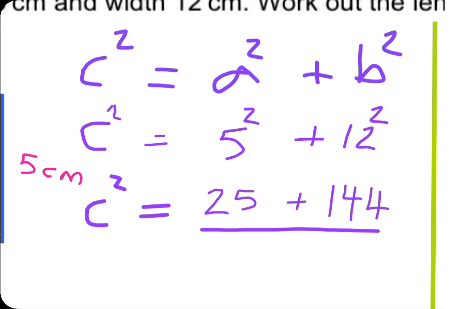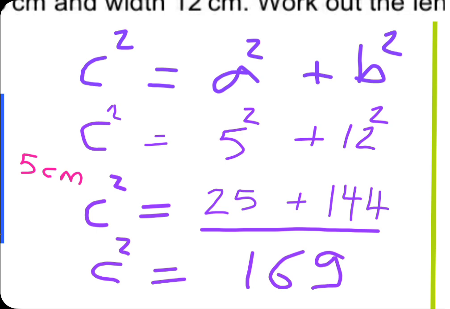Very good. c squared equals 169. Good job. Now, in this answer, we have c squared, but we need c alone. How do we find this? We find this by using the calculator and a button which is opposite to the square.